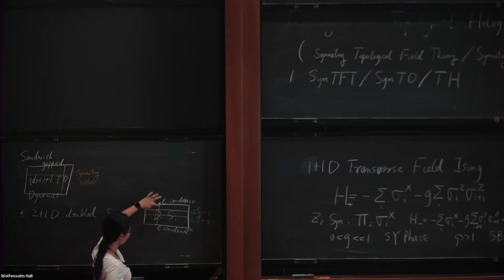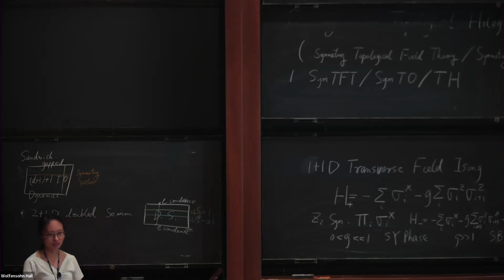And once we tunnel the E particle in the vertical direction, we're actually going to change the eigenvalue of the symmetry operator because the semion and the boson anti-commute with each other. They have braiding statistics -1. Right? So that means this vertical green line is the Z2 symmetry charge. So if we have a state and we can add a Z2 symmetry charge without creating any excitation, that means we're in the symmetry breaking phase. Right?